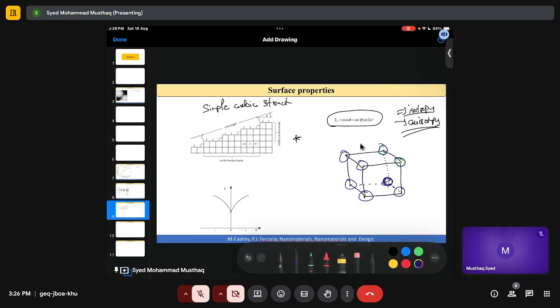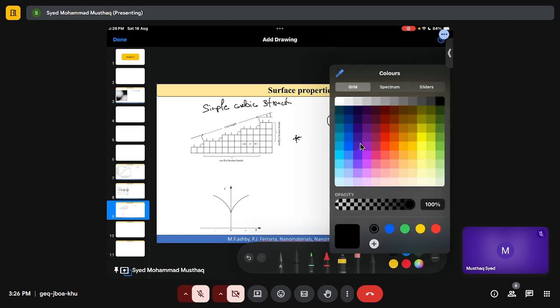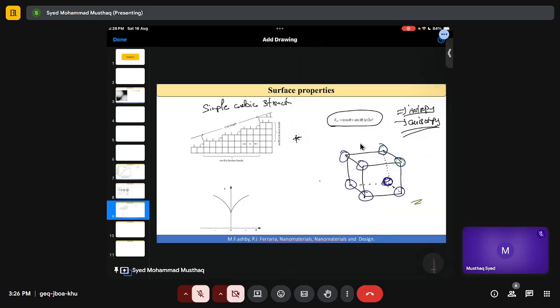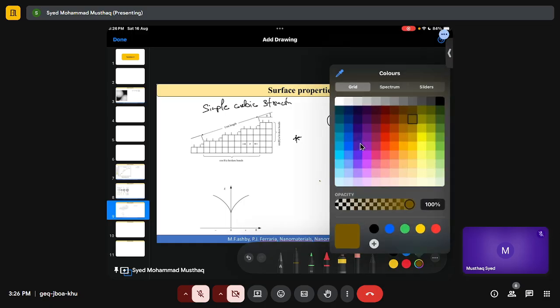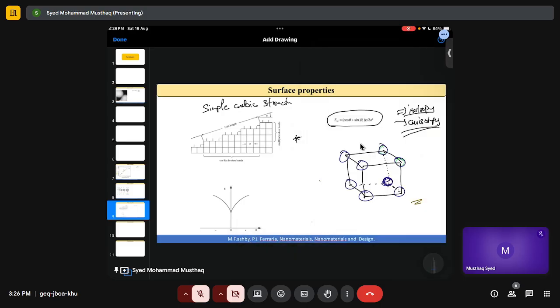Okay, so you have 8 corner atoms, right? Let's change this color to orange, it is more visible. Let's change it to blue.